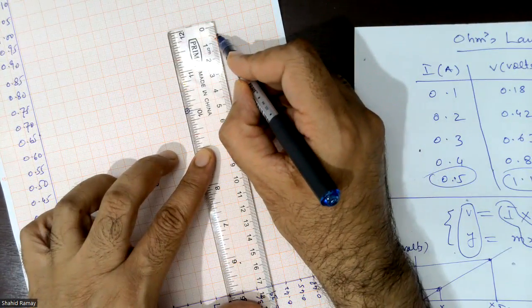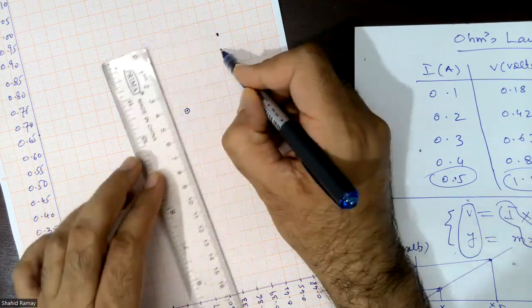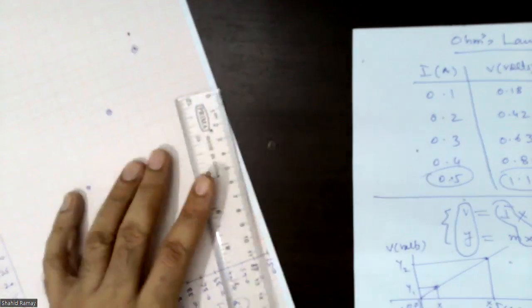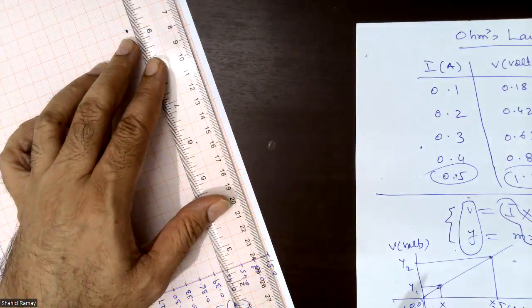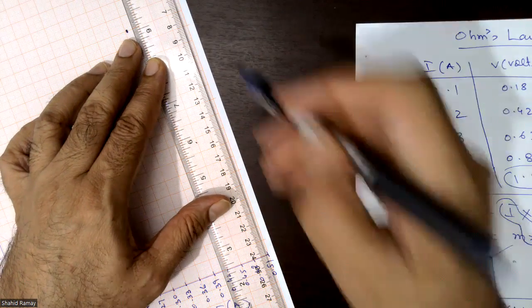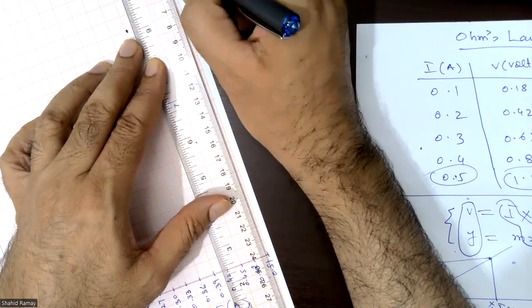This is 0.8, yeah, this one. And then 0.5. So 0.51 is here, or close to 0.5. I am drawing the point and this is 1.1. So 1.1 is here. So this is my this one. Okay.